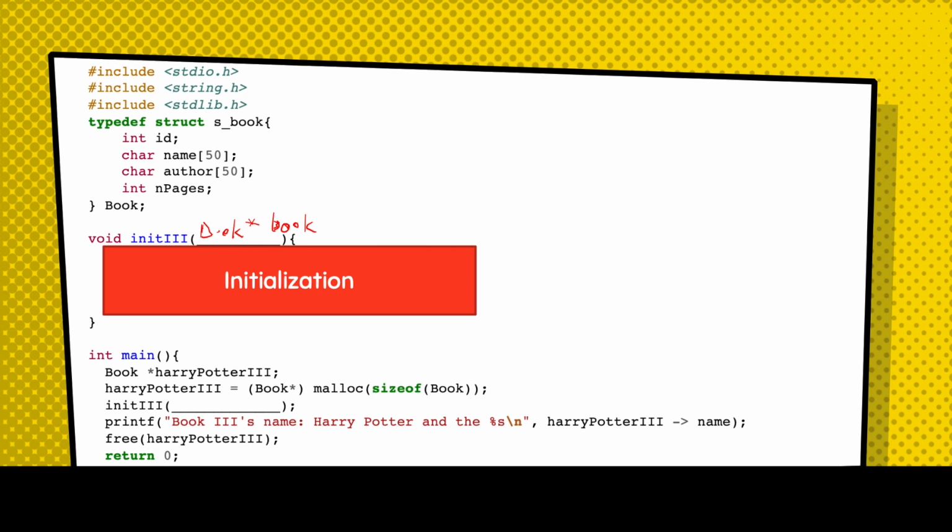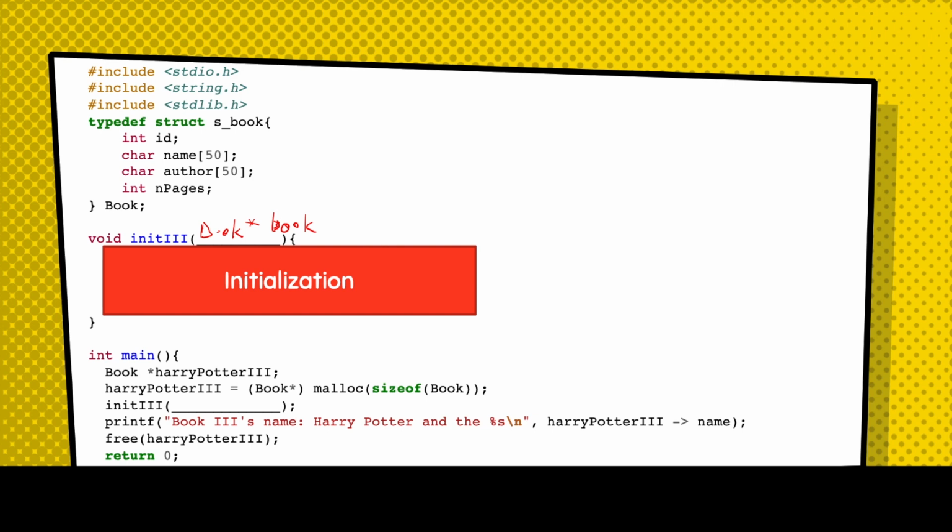Okay, so if we are going to pass book as a pointer over here, then how should we call the function? So here, if we look at the type of Harry Potter 3, you'll be able to see that it is actually in type of book star. So that means that we can just pass Harry Potter 3 directly because it's already in the type of book star.